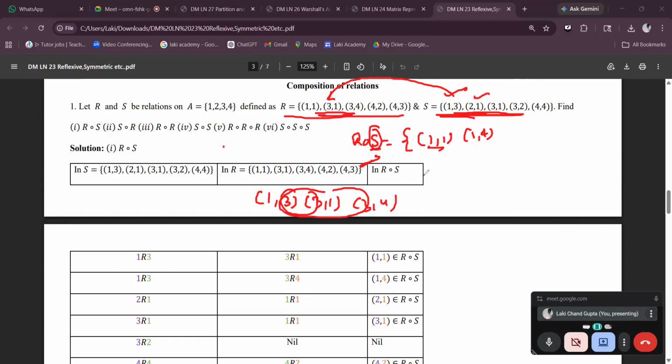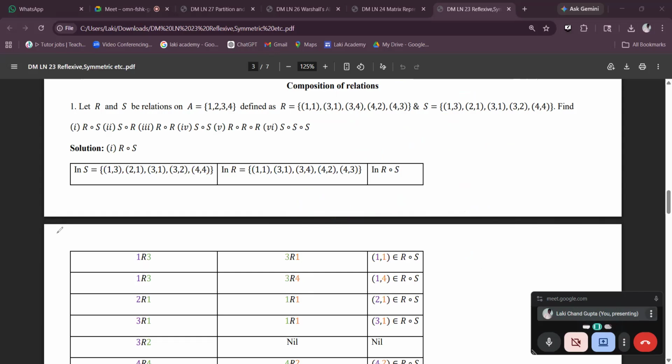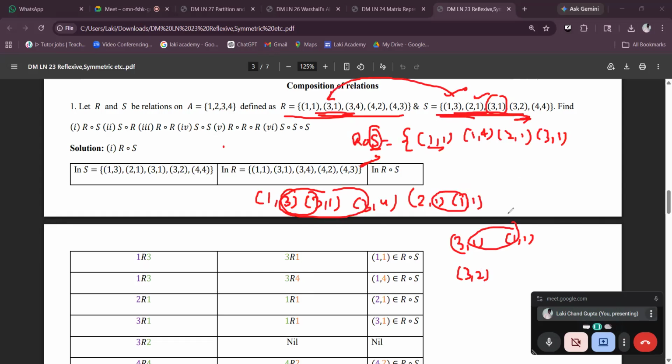Now check next, 2 comma 1. In R, 1 comma 2, 1 comma 1. So you will get what? 2 comma 1. Again check 3 comma 1. It means you are taking transitive relations. 3 comma 2, and starts from 2.